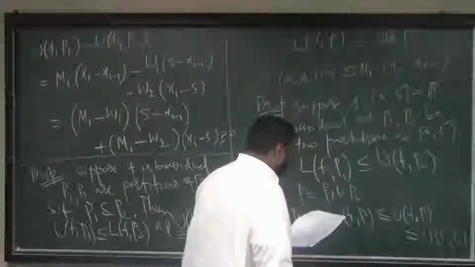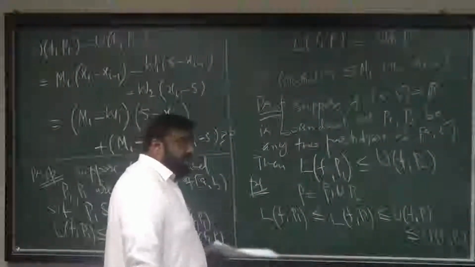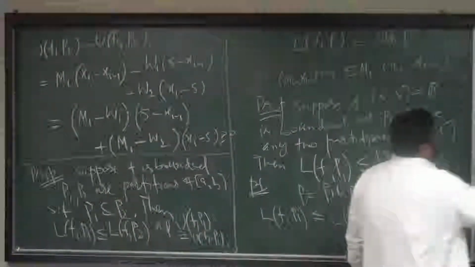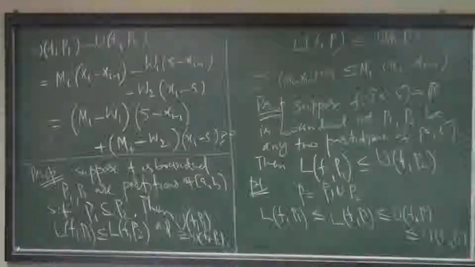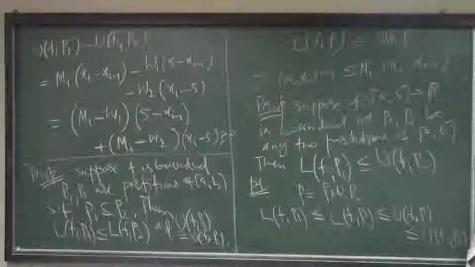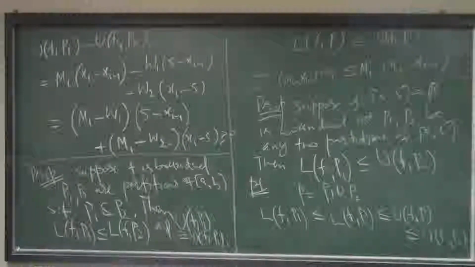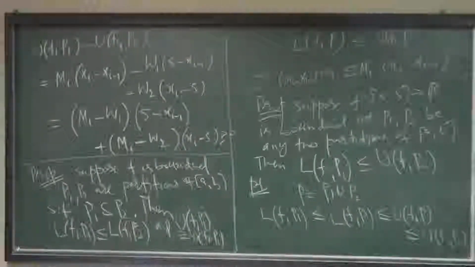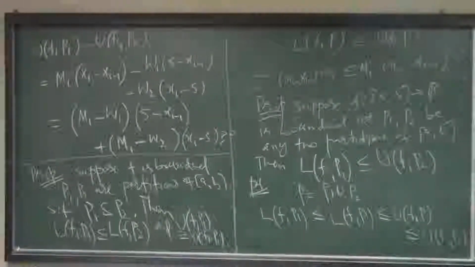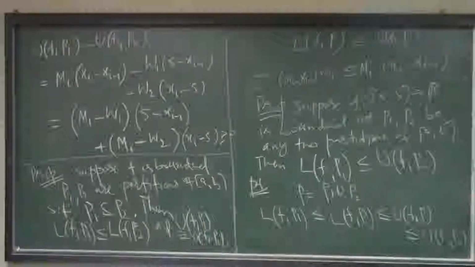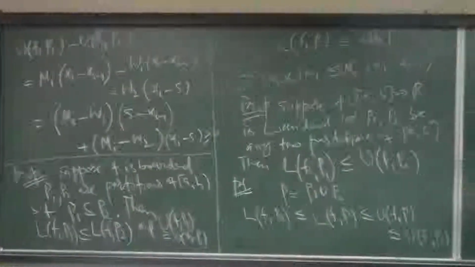Now we have defined some concrete things. As I said, for an interval you can have lots of partitions, but which partition is going to give you the better approximation of the area?